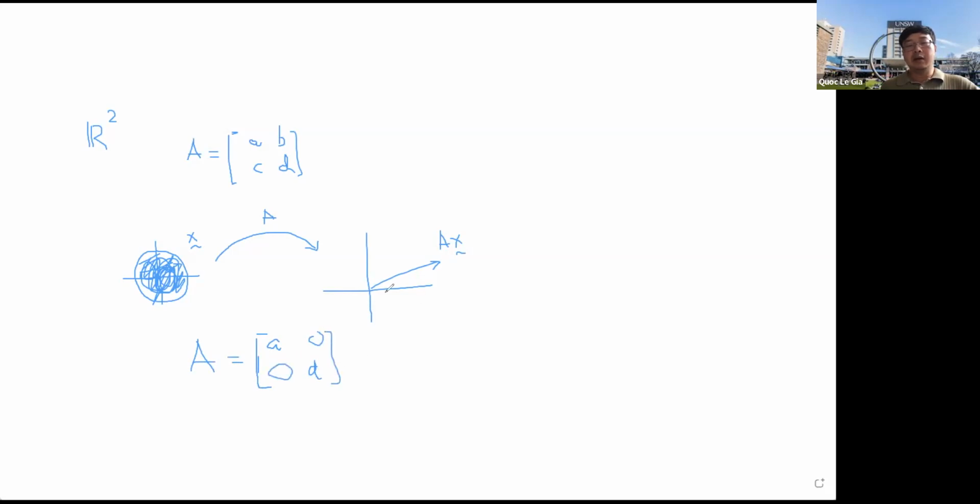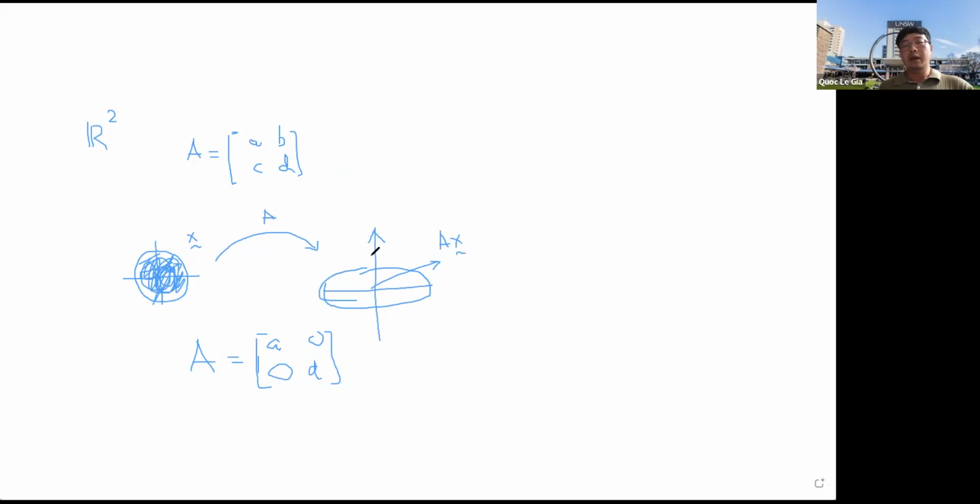Then you get an ellipse that is somehow amplified by a factor A in the x-axis, and then amplified by the factor D in the y-axis. So that is the image, okay? But in general, I mean, it can be in any direction.